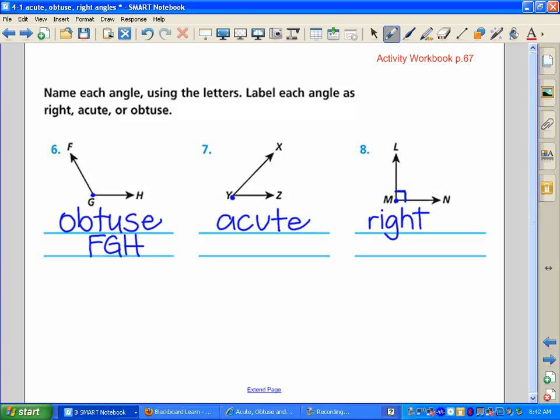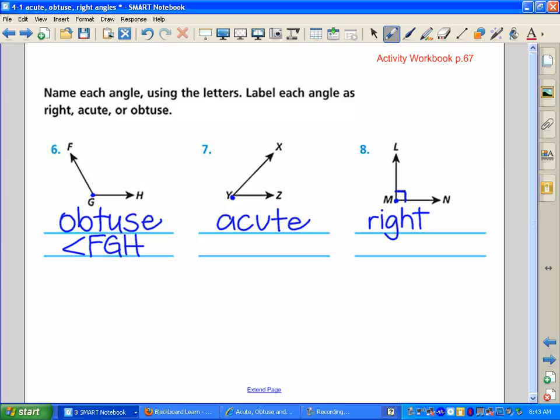What symbol do I put before it so that I know that it is an angle? An angle symbol. It looks just like that. So on your line, write the angle that you have there. Angle FGH.